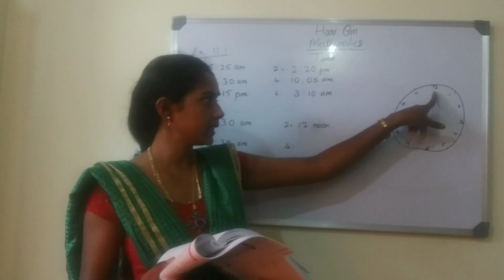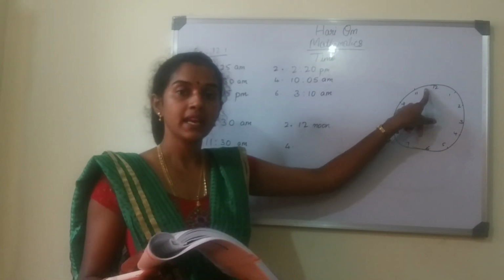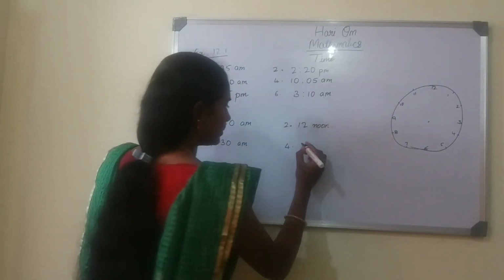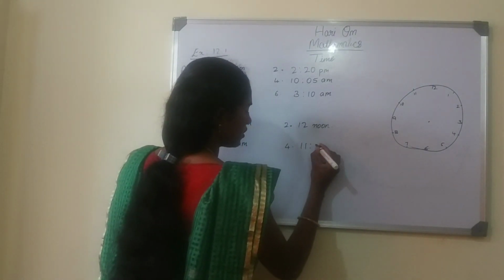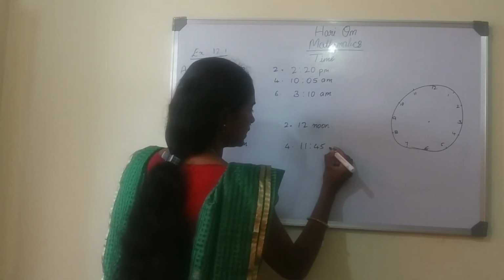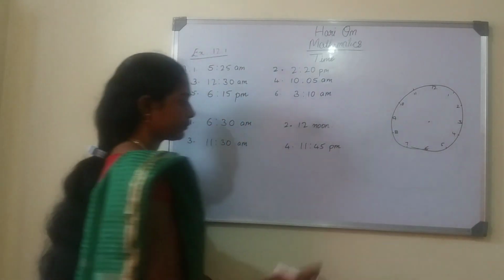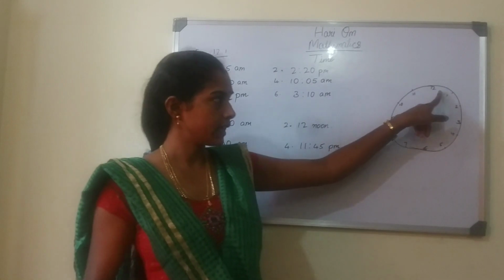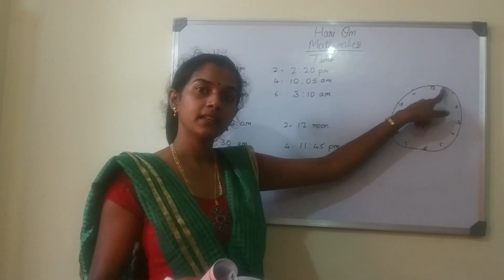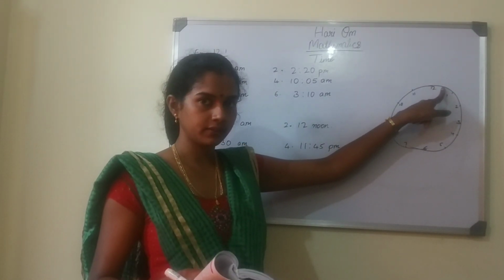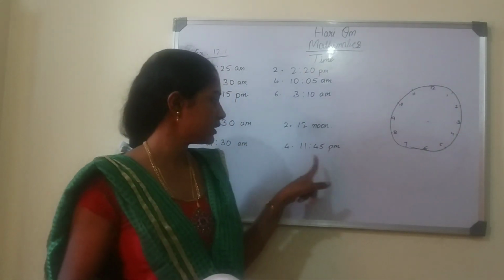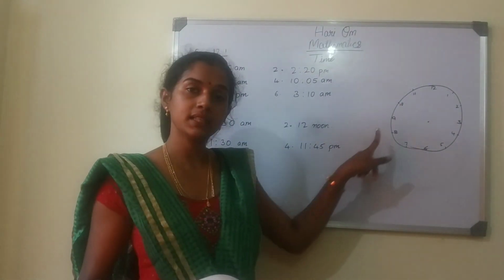So after midnight it is 11 o'clock, it becomes PM. So the fourth one will be 11 o'clock 45 minutes PM. Understood, children? Here it was AM at midnight, 12 o'clock 45 minutes. So before 12 o'clock it will be PM. So it is 11 o'clock 45 minutes PM.